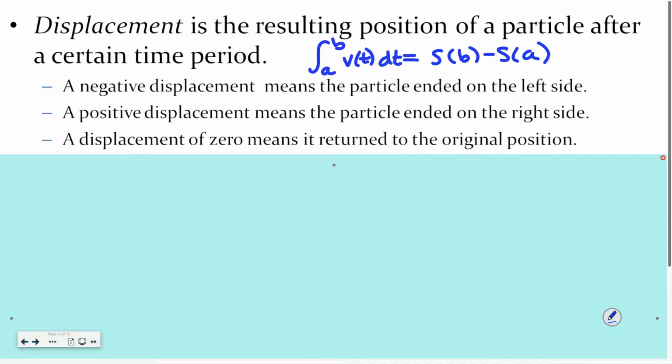So when you are asked to find displacement, you're going to take a definite integral of the velocity. Because the first fundamental theorem of calculus says that the integral of velocity from A to B is going to be the antiderivative of B minus the antiderivative of A, which is what Dylan just described.